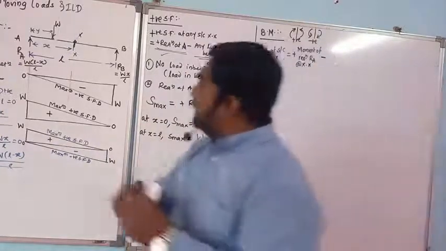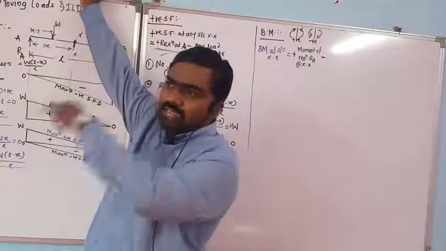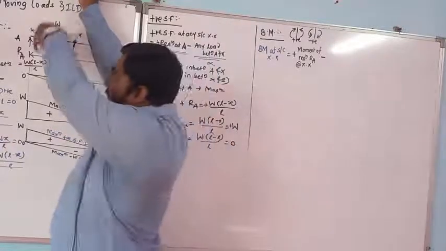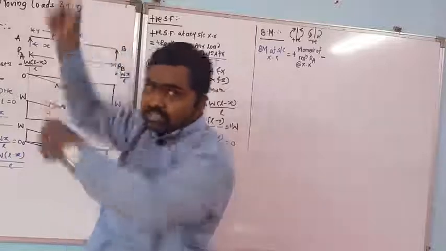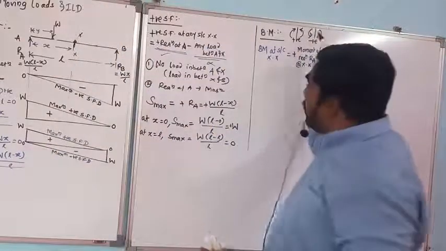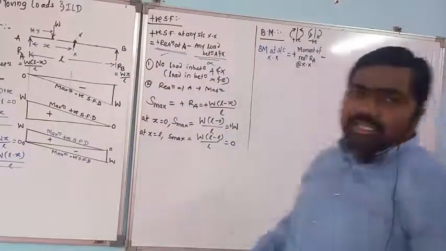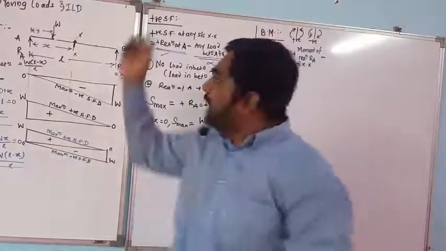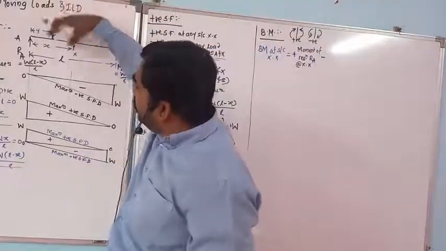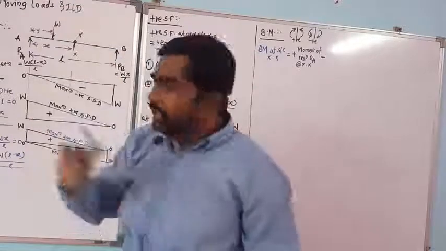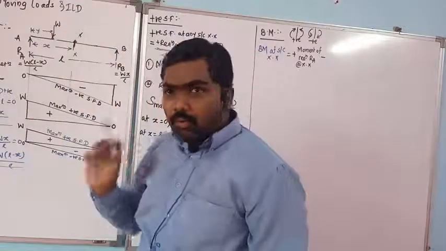Next, what will we get here? The load between A and X was W, and it is creating a moment in the hogging sign convention, like this. That's why I put it here as a minus, and that moment was W into (x minus y). Okay, this much distance is x minus y.